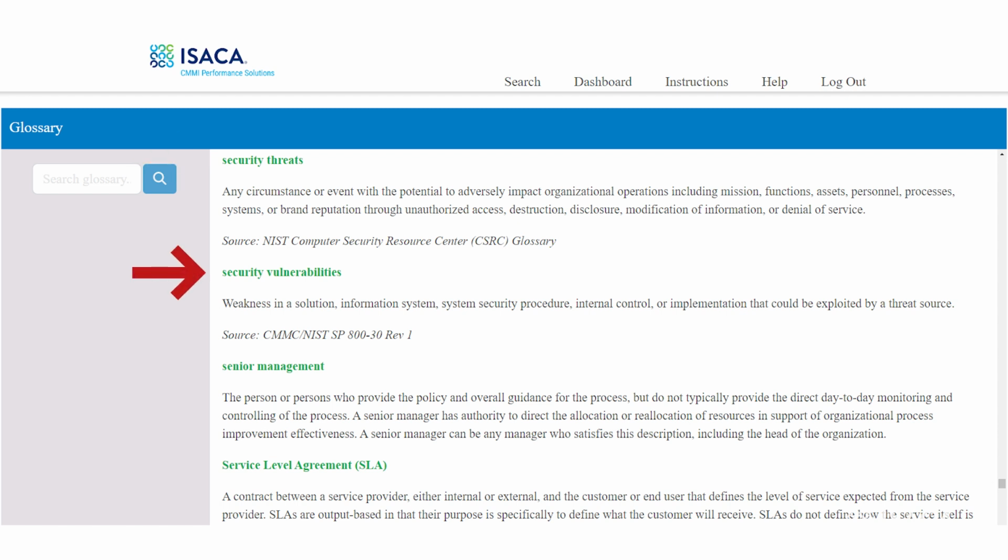Whereas a security vulnerability is defined as a weakness in a solution, information system, system security procedure, internal control, or implementation that could be exploited by a threat source. Threats are things that could adversely affect us, and vulnerabilities are the mechanisms through which a threat could be exploited.